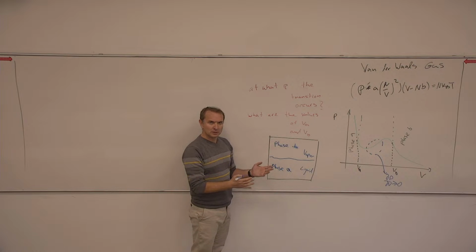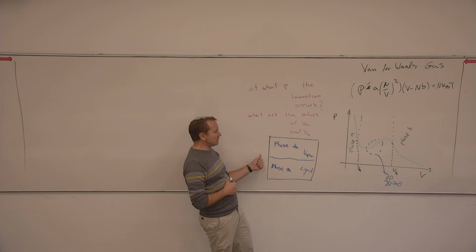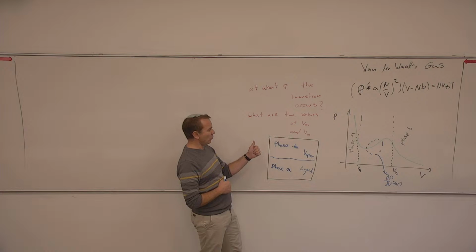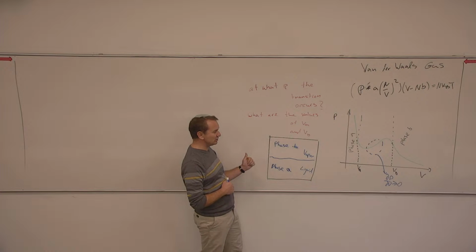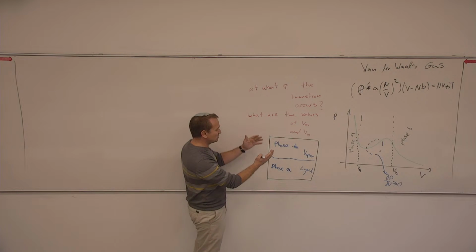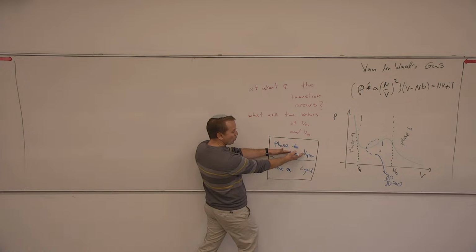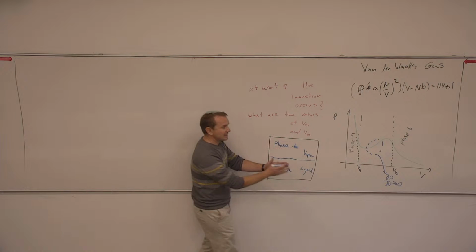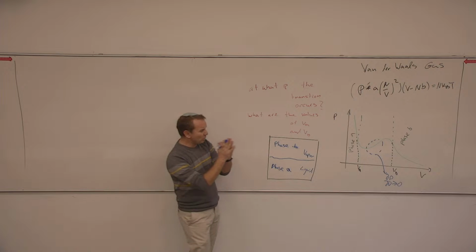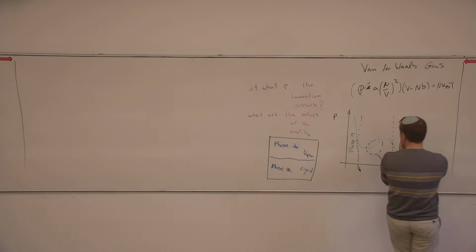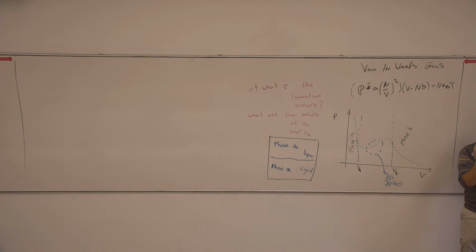So if I raise the temperature a little bit, or change my pressure a little bit, all of the system will become vapor, or all of the system will become liquid. But exactly at this critical point, I assume that the two phases can coexist.